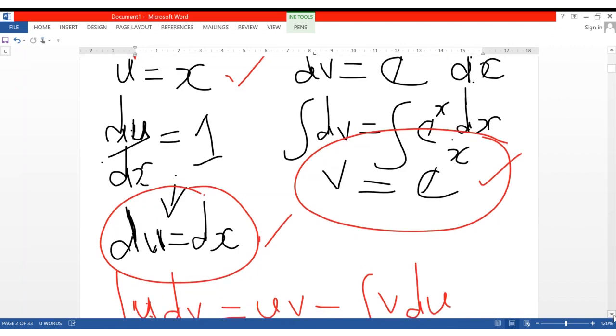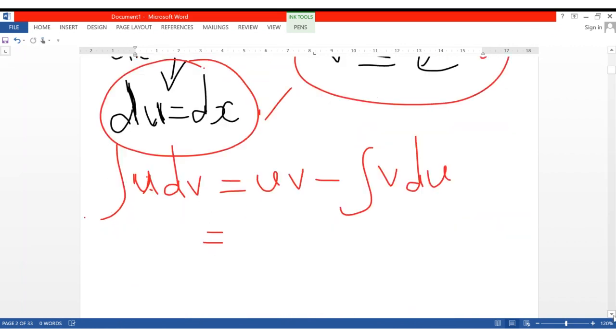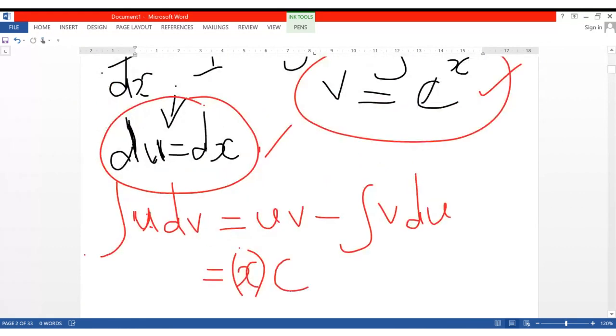My u is given as x, that's the first one. And then my v, I've integrated my v. Check, my v here is exponential x, minus the integration of my v, which is still exponential x, and then my du is dx.